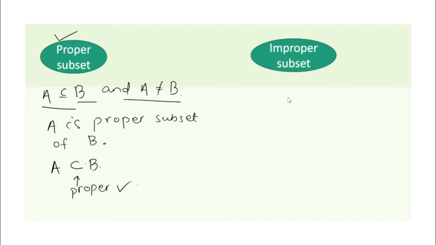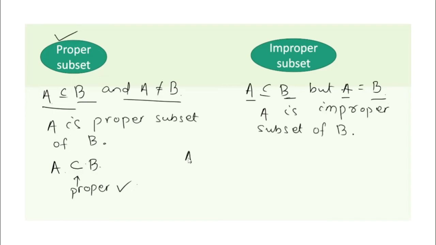Then improper subset. In the case of an improper subset, A is a subset of B and A is also equal to B. So we say that A is an improper subset of B. Now let A be a set whose elements are 3, 6 and 9.